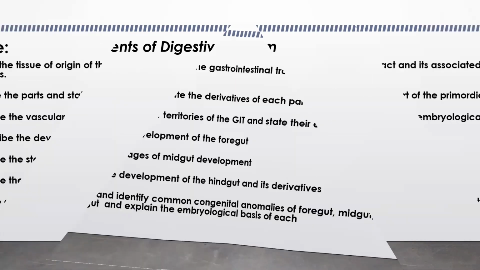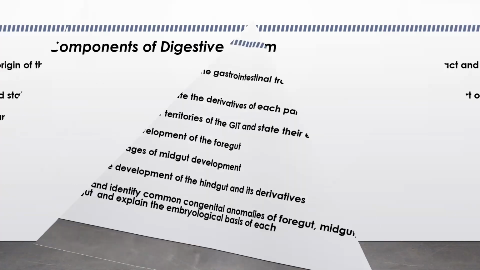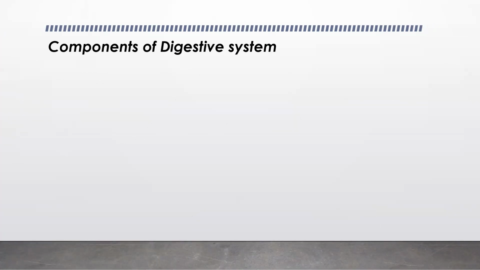Yes, but before then, maybe we can talk a little bit regarding the glands. We talk about the origin of the various glands, the spleen, the pancreas, the liver, and their embryological basis and their anomalies.